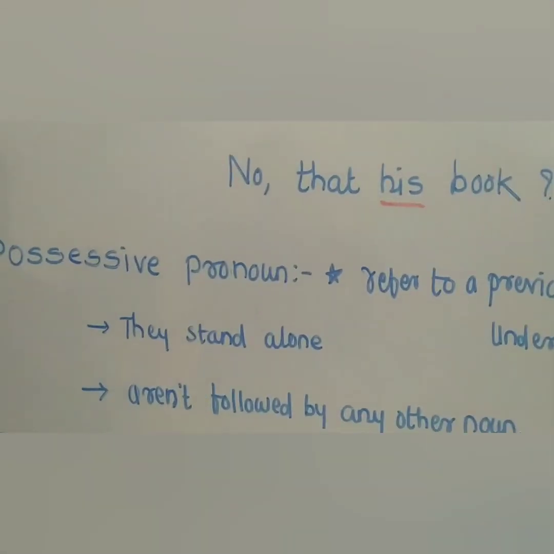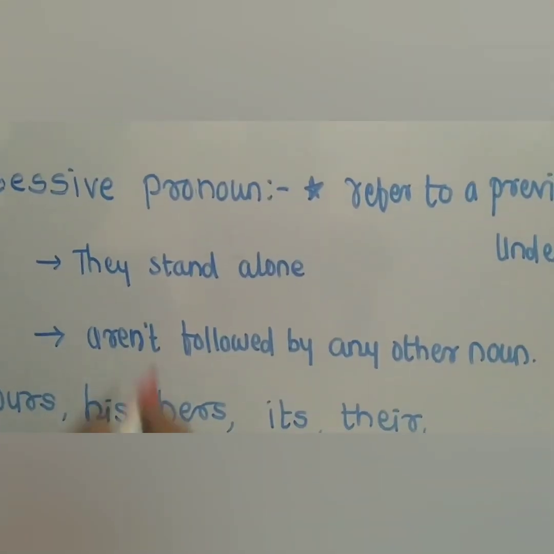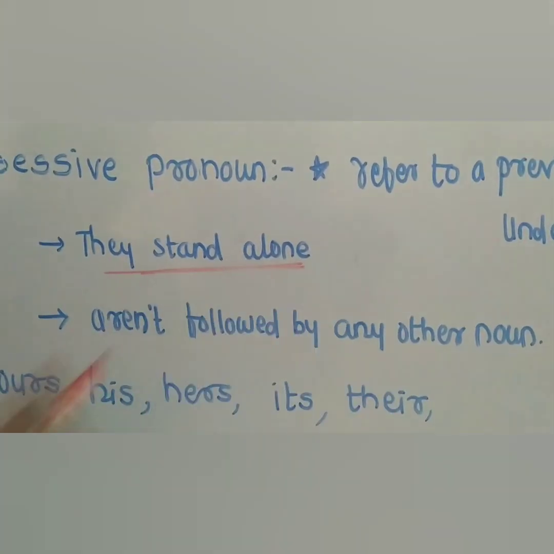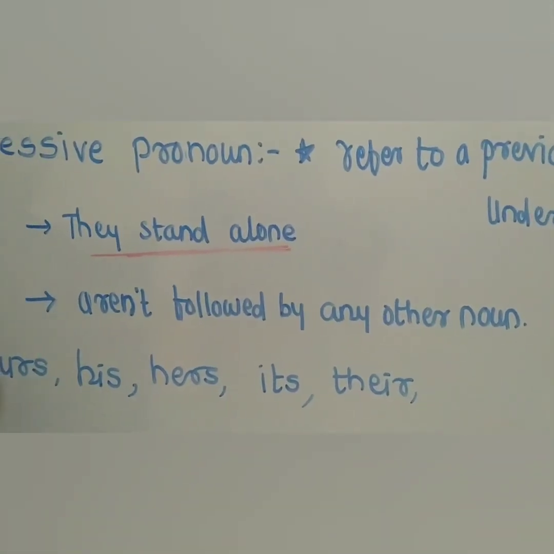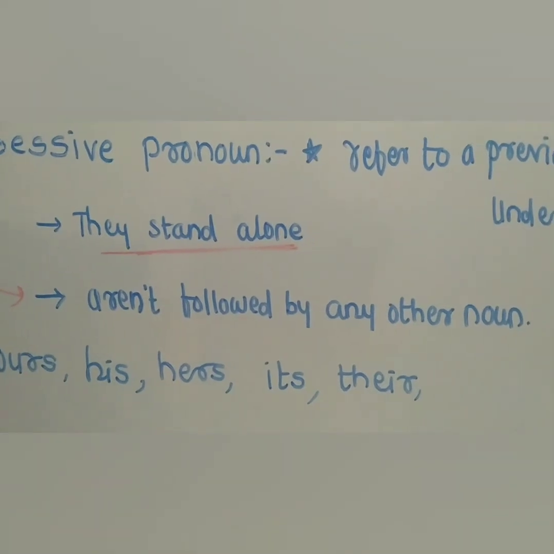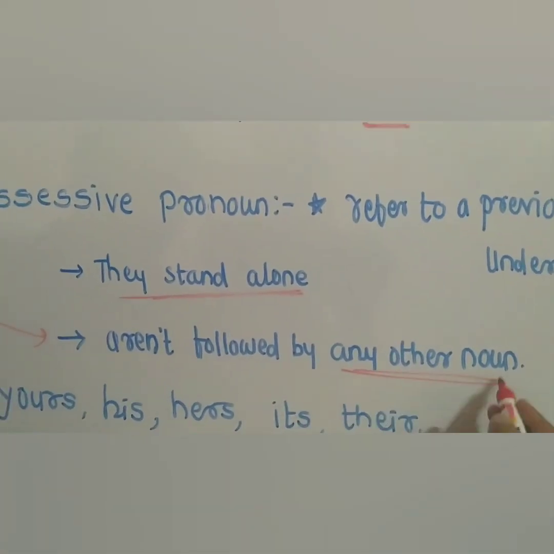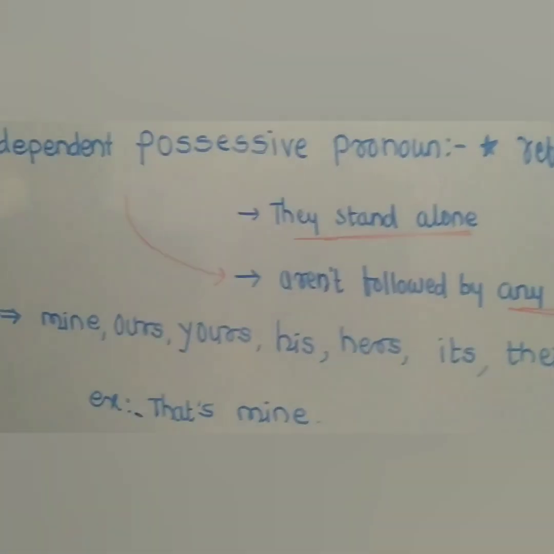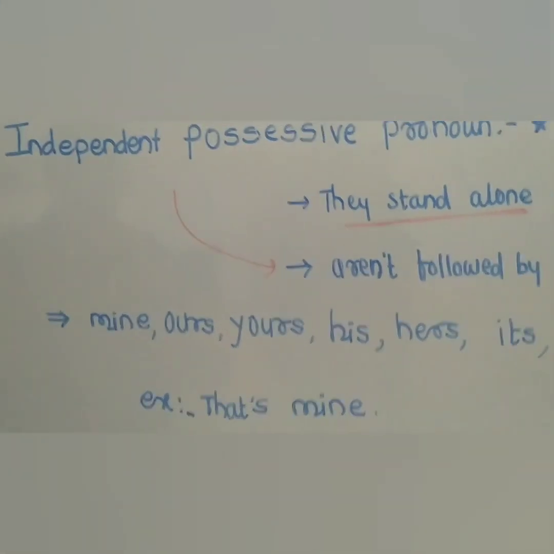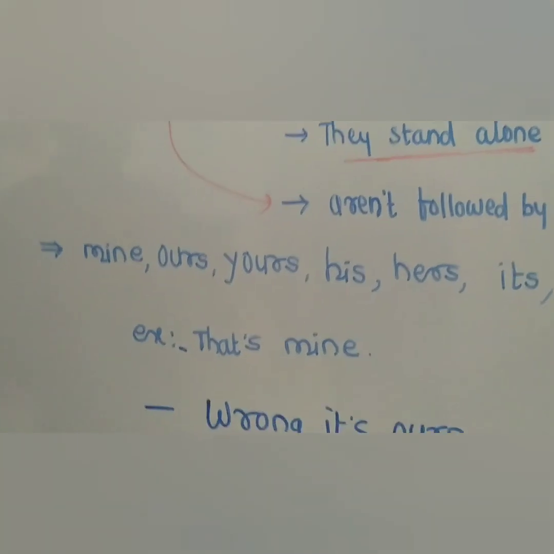Independent possessive pronouns stand alone in the sentence, and these types of pronouns aren't followed by any other noun. So this is the most important rule we must keep in mind.